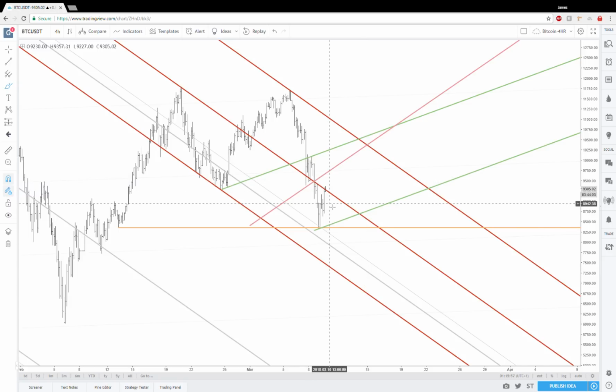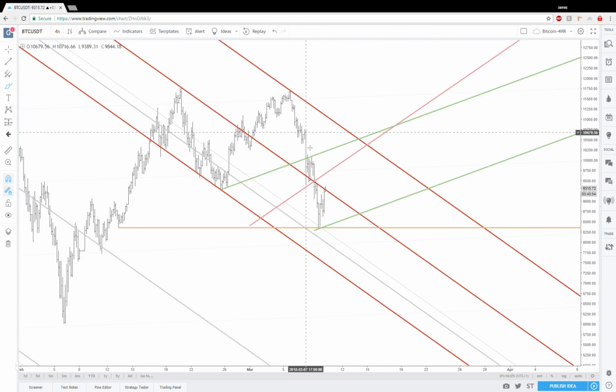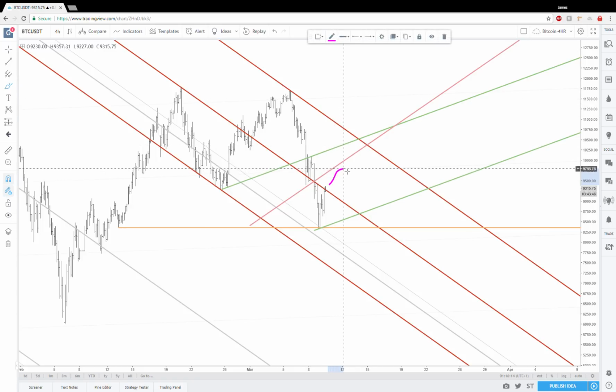As we broke those, we barely even came back and retouched them. It was just a very rapid downward movement, and that is typically a huge red flag that you have to pay attention to. So we'll see what happens tonight and into the weekend.